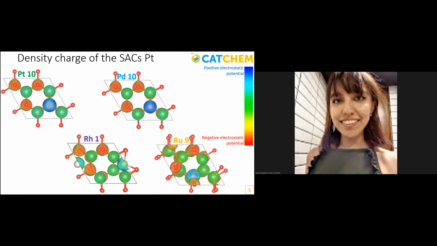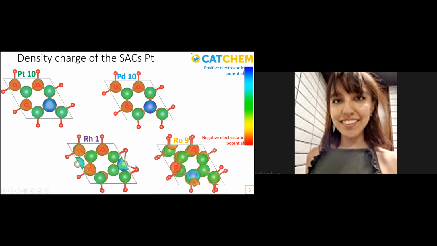Finally, we tried to assess the improvement of catalytic activity. We used isosurfaces to observe if it was possible to adsorb a molecule. We can see that platinum and palladium have almost the same isosurface, with the single atom having the most positive electrostatic potential, which makes it possible to adsorb electronegative molecules.